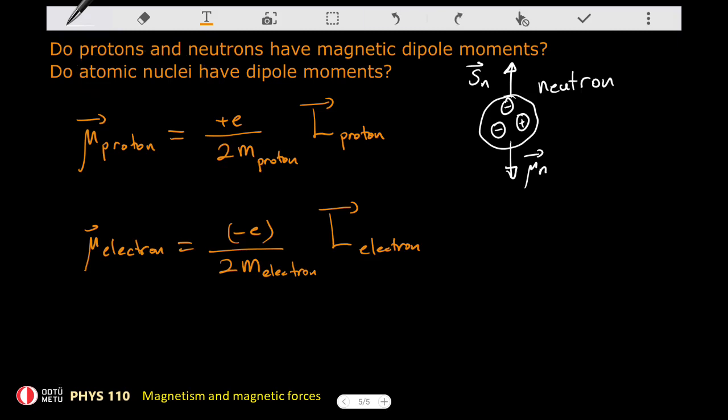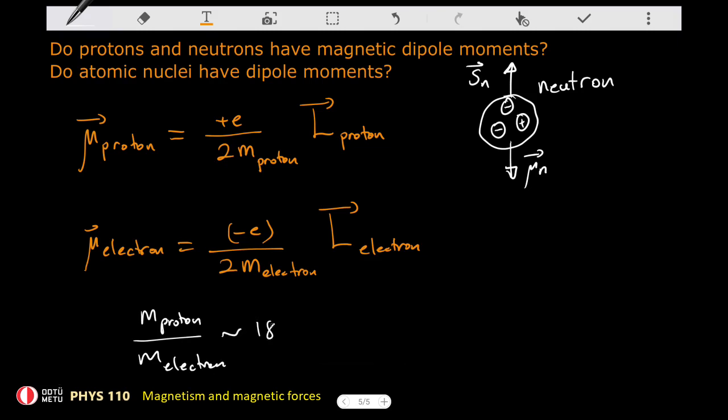But what is interesting here is that the gyromagnetic ratio for the proton involves the mass of the proton, and for the electron, of course, we have the mass of the electron. We know that the mass of the proton is about 2,000 times the mass of the electron.